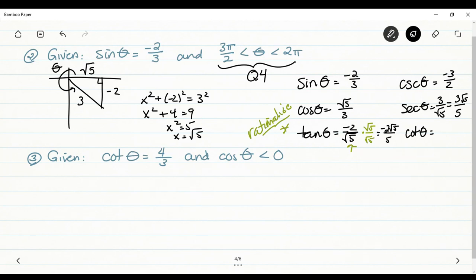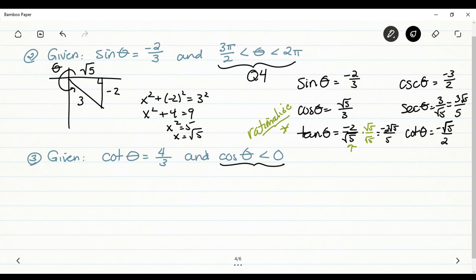I'm not going to take my simplified version and flip it, much too difficult. I'm going to go back to the original, and now just putting root 5 in the top makes this a much more friendly fraction. If you did use the other one, you'd have to rationalize again, but that is your final answer.